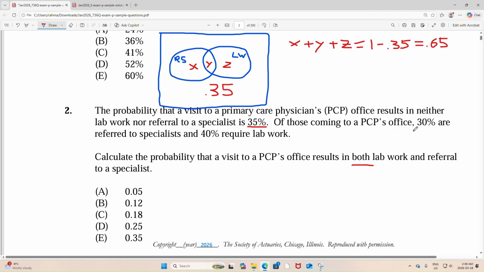Okay, 30% are referred to specialists, so that's the X and the Y. And that equals 30%. And 40% require lab work. That's the Y and the Z. Equals 40%.